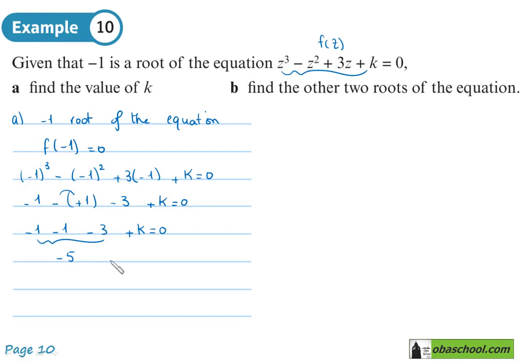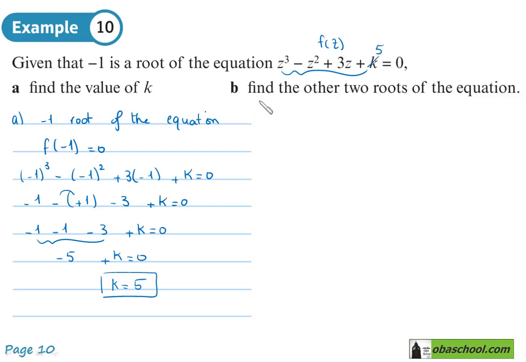Adding these numbers will be minus 5 plus k equals 0. We are solving a simple equation to find the value of k. We add 5 to both sides, so we get the value of k equals plus 5. So in this equation, we are going to substitute the value of k, which is equal to 5.